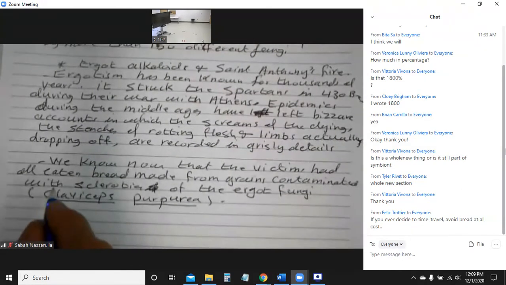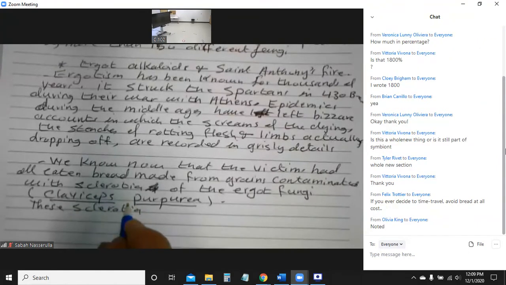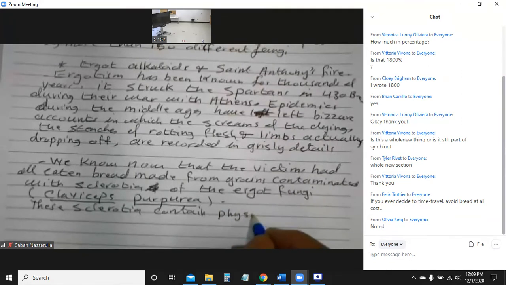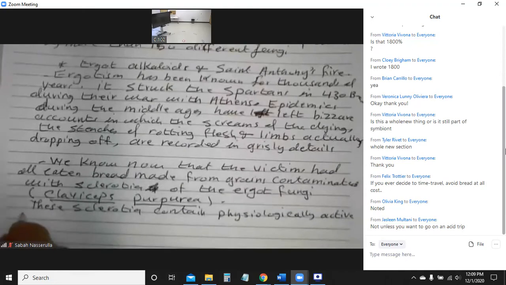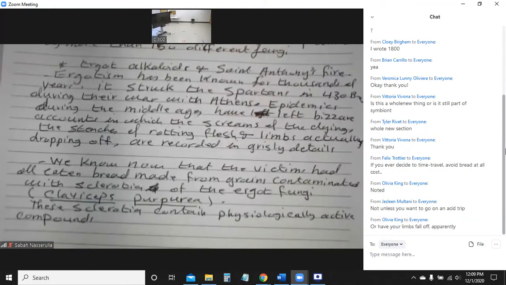These sclerotia contain physiologically active compounds.